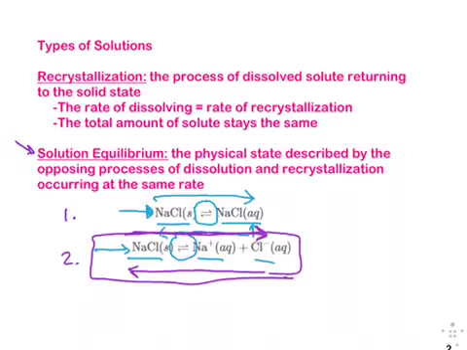It does not mean we have an equal amount of recrystallized solute particles as dissociated ions. It means the rate of these processes is equal. Not the concentration, not the amount. It's the rate of the processes. So this is the key here.